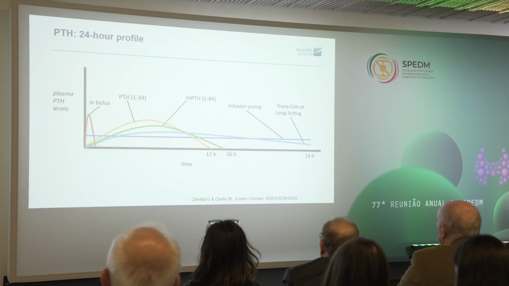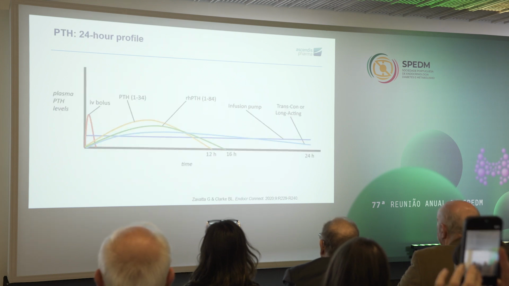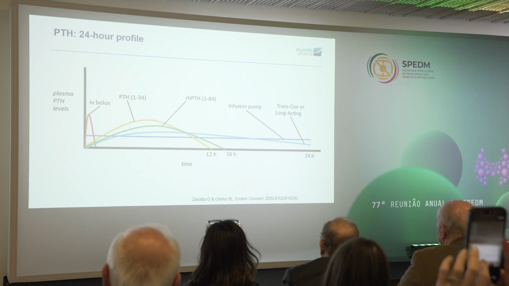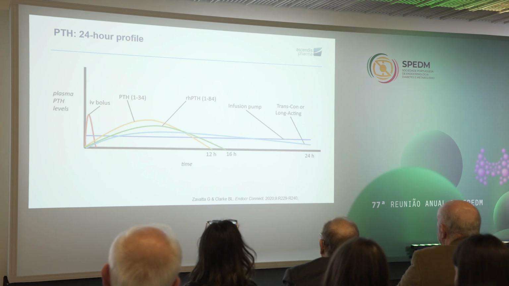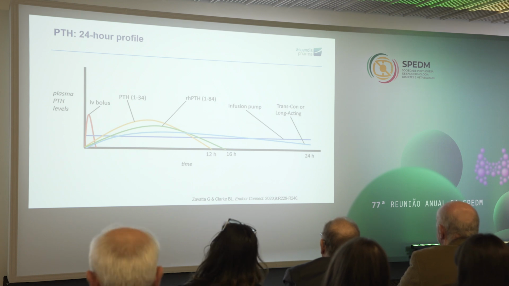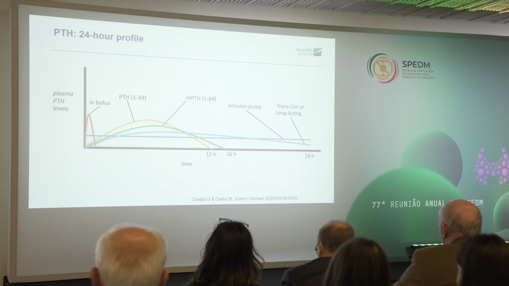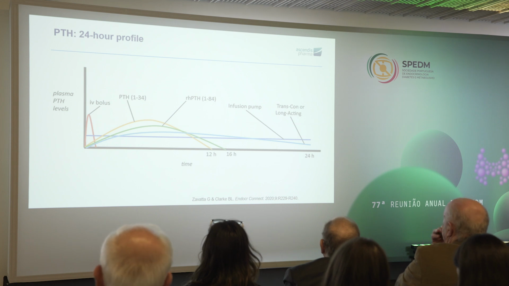And if we come to think now about what is the difference between these products, I think it has to do a lot with the 24-hour profile of PTH, as is very well known, physiological PTH. And if you give it as an IV bolus, it has a short half-life. And here you can appreciate teriparatide has approximately 12 hours half-life.